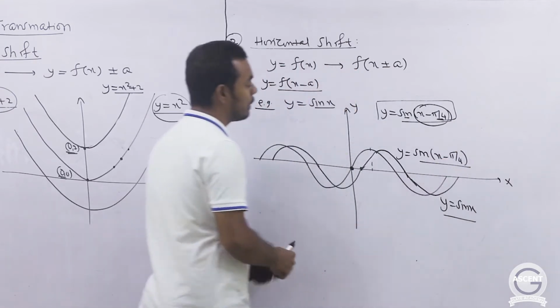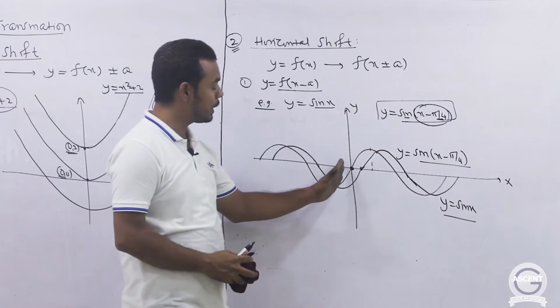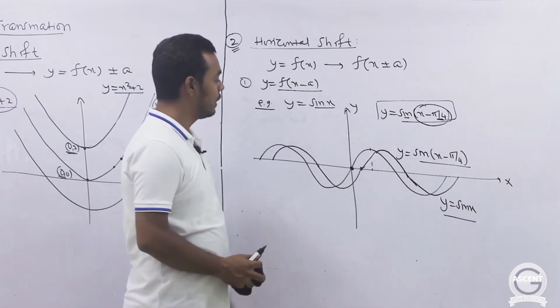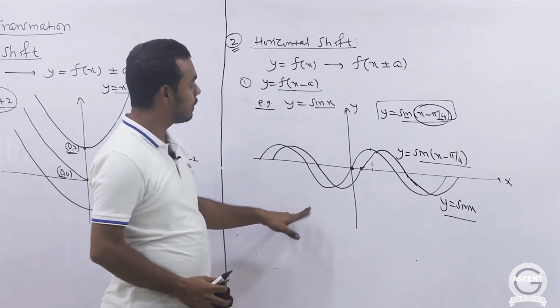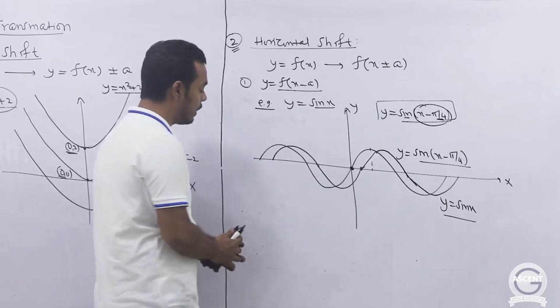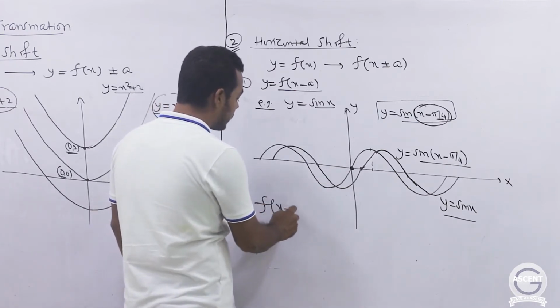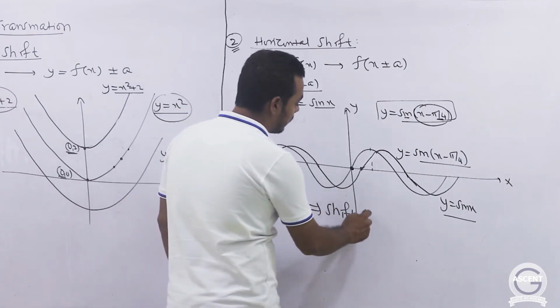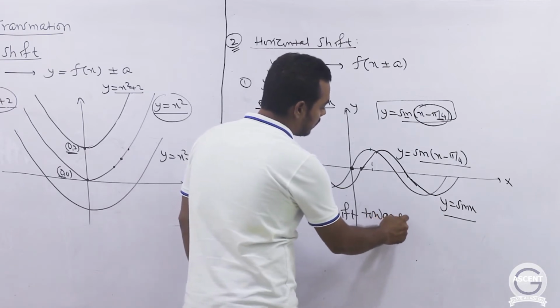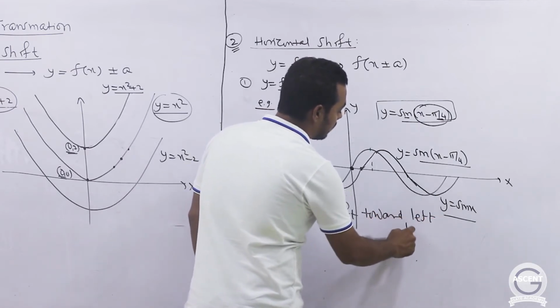If you have x minus a, then you have to shift by a units towards the right side, and similarly if you have x plus a, then you have to shift by a units towards the left side. Maybe you can write f of x plus a, this implies shift towards left side by a.